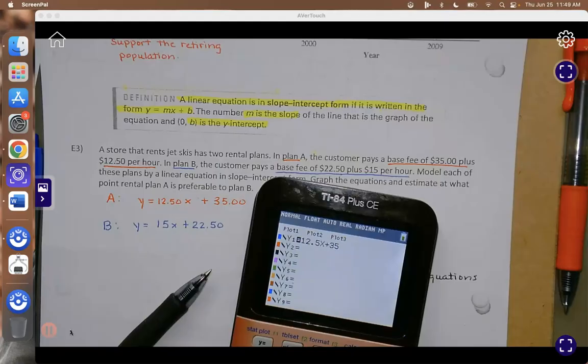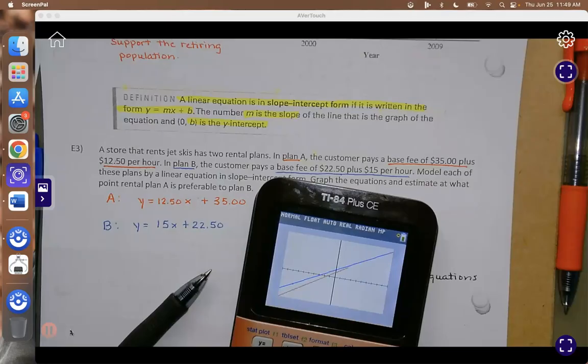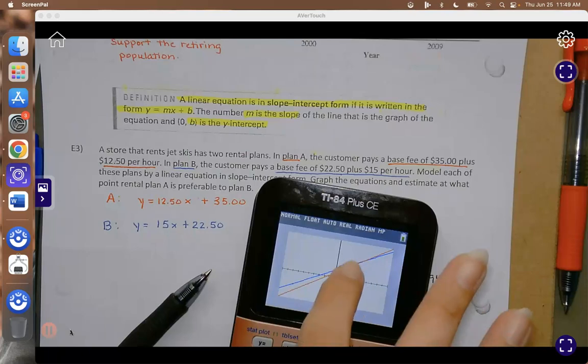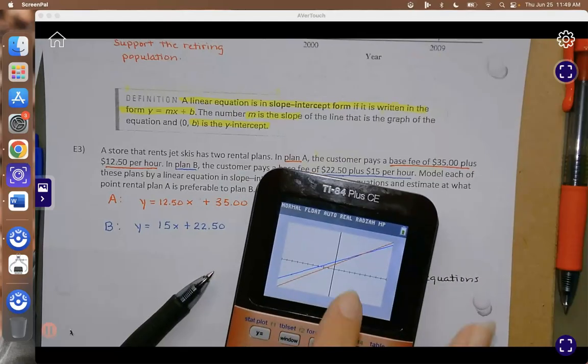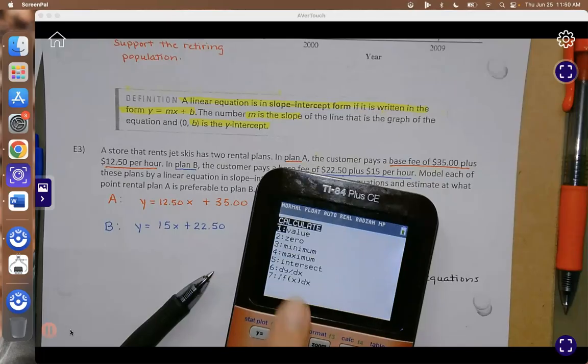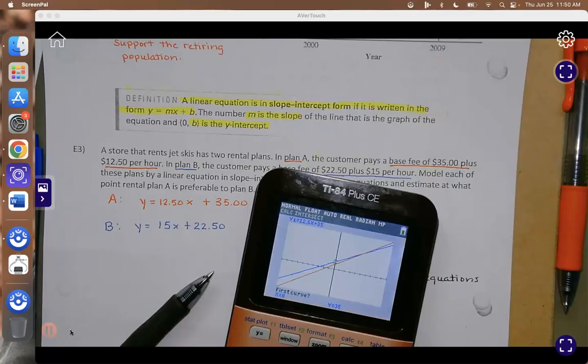Okay, then we come down and type in 15x plus 22.50. Okay, and you can put the zeros in there if you want. Okay, then you're going to go to graph. Okay, and I'm going to hit zoom, and I think zoom 0 is zoom fit, so that way you can actually see it. Now we need to know where those two cross, because we need to see when this second line overtakes the first line. So we're going to go to second, calculate, and do 5, intersect.